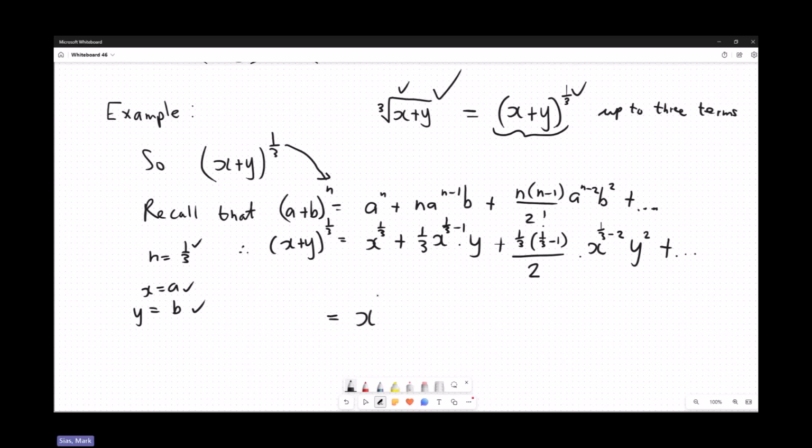In the case where we had to find the cube root of that sum, and we're writing down the first three terms, this is how we'll go about it. So x to the 1/3, and what is a third minus 1, guys?